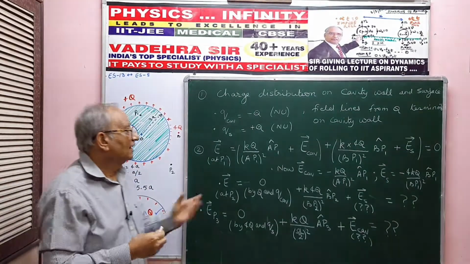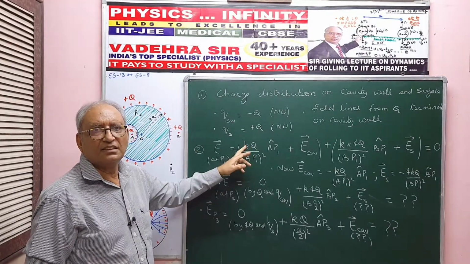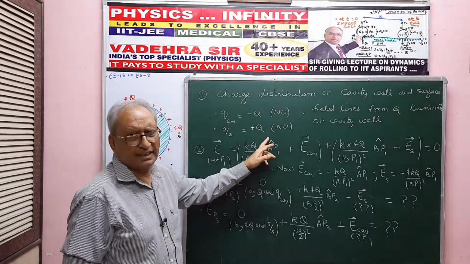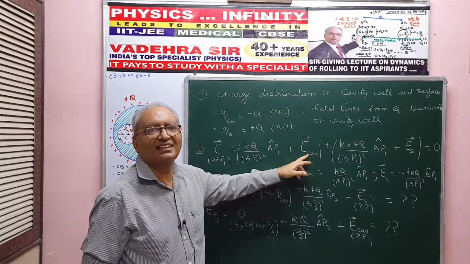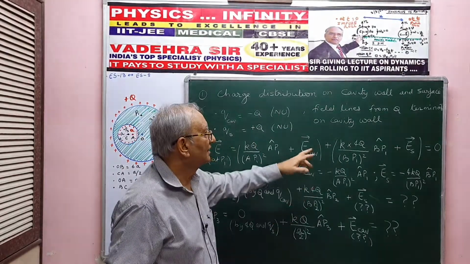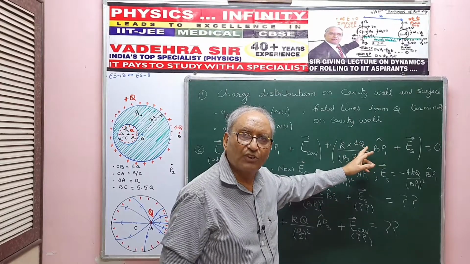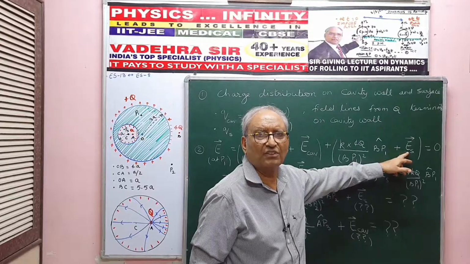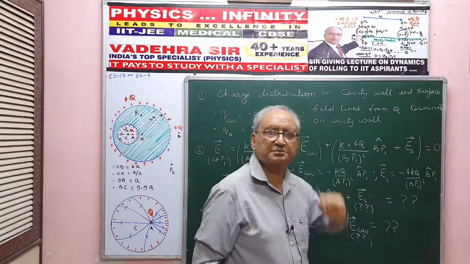Now, if I write E at P1, then due to point charge, KQ upon AP1 square, AP1 cap, simple point charge, plus E arrow due to cavity. This whole thing should be 0, and similarly the electric intensity due to the point charge 4Q and due to the charge on the surface, which I am calling ES arrow, the sum total of this also will be 0. So overall the field will be 0.